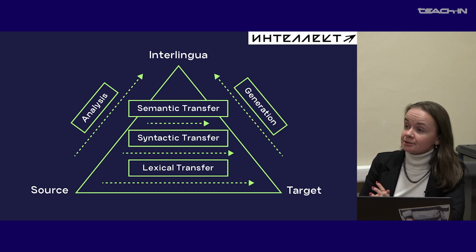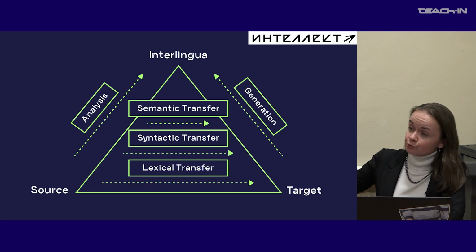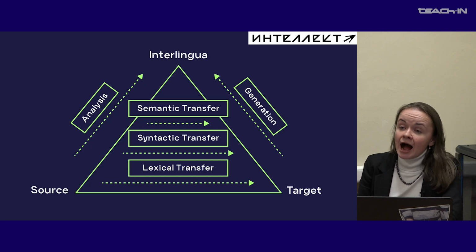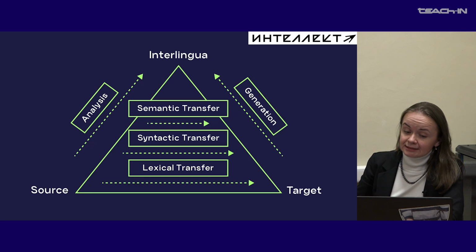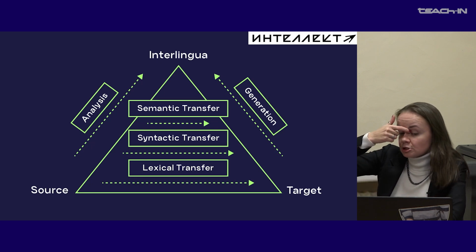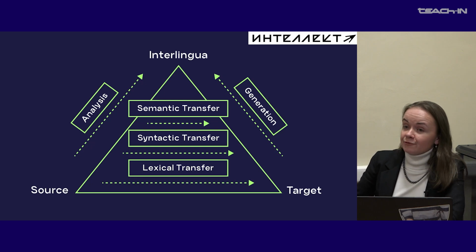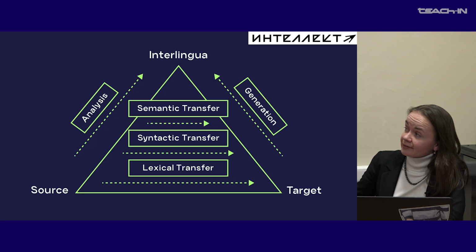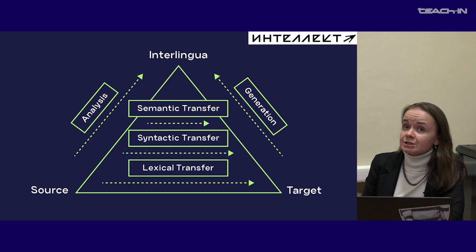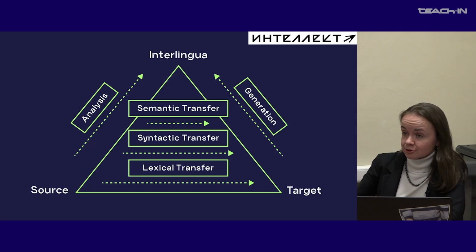So SMT, the statistical method, deals not with units of words, but with utterances, with sentences. It tries to compare the input in the source language to different variants of similar sentences, similar utterances that it has in its corpus. Of course, the corpus of an online translator is updated all the time.